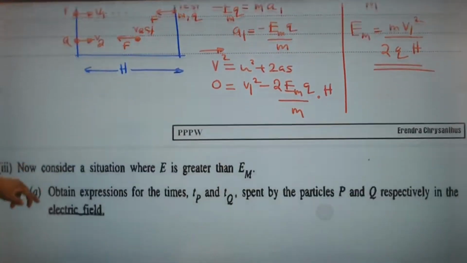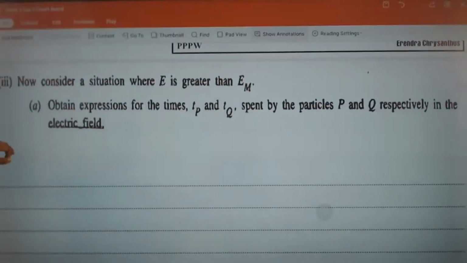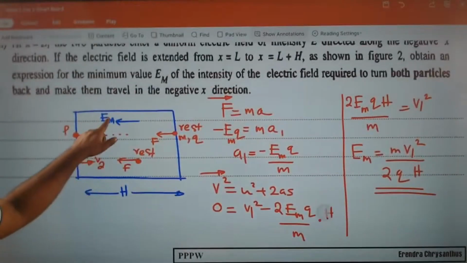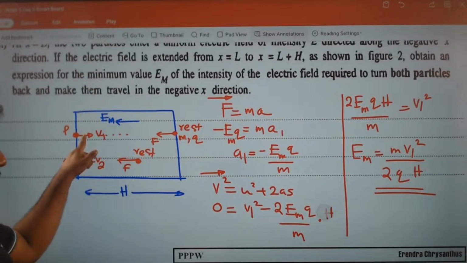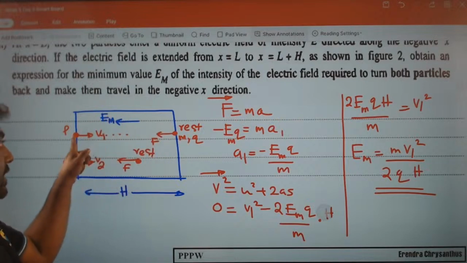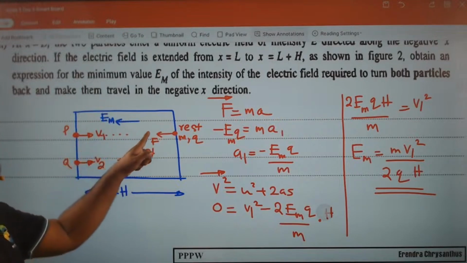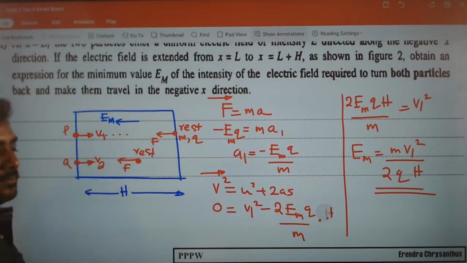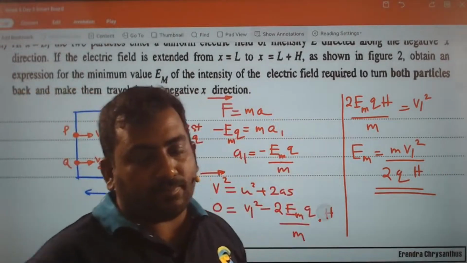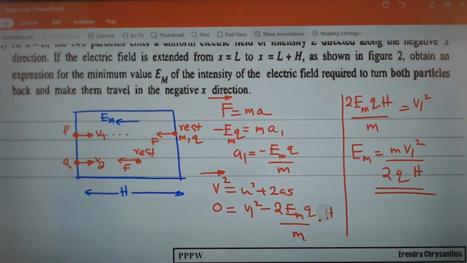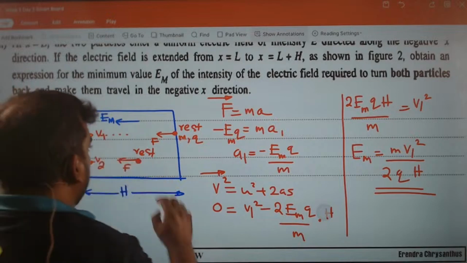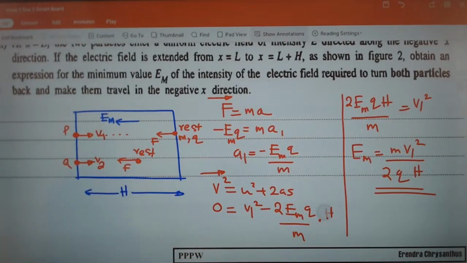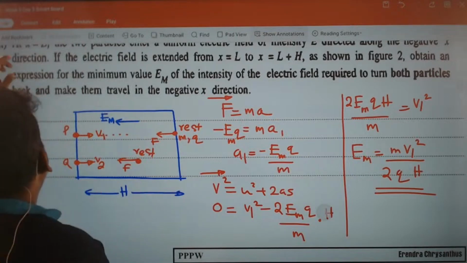The slower particle will travel a smaller distance under the same decelerating force. Now consider a situation where E is greater than E minimum. What if the electric field is greater than this? Will the faster particle come to the very end? No. If the electric field is greater, the force is greater, so it will decelerate and stop earlier. If E is larger than E minimum, the faster particle will travel a shorter distance than h before coming to rest.